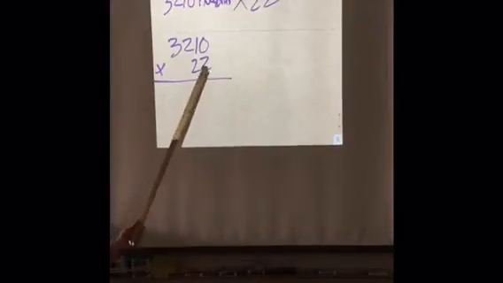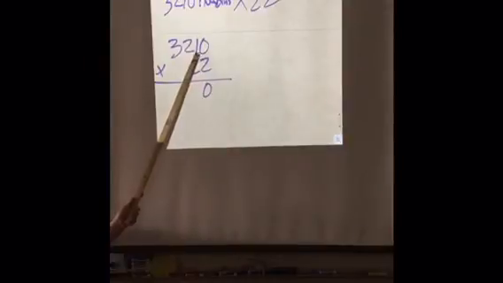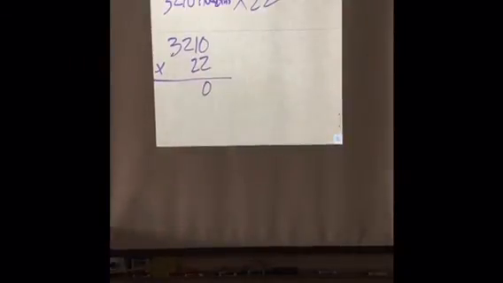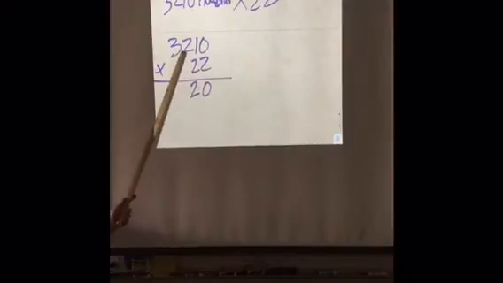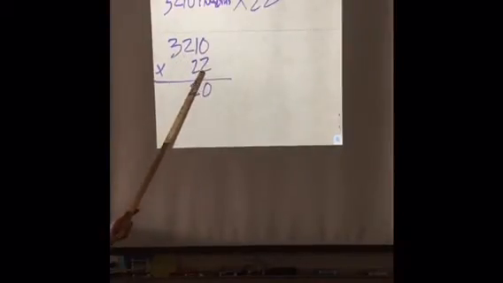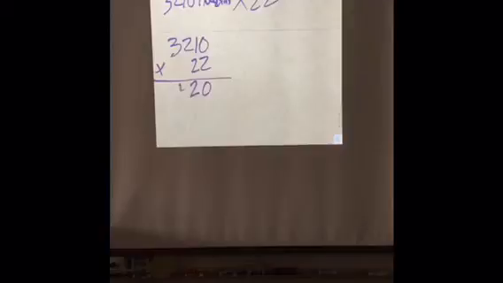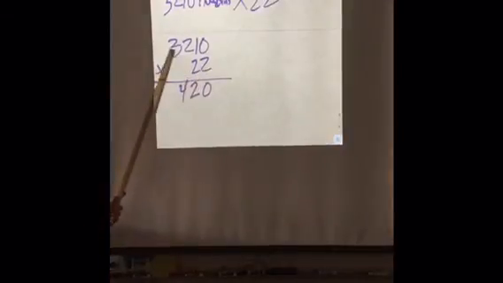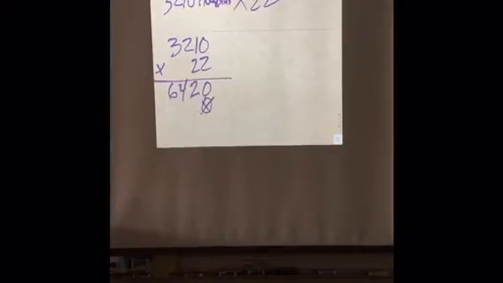Go ahead. 2 times 0 is 0. And 2 times 1, 2 times this one, right? Is 2. And 2 times 2, and it's this 2, right? Is 4. Nice. Then 2 times 3 is 6. Okay. Placeholder. Why?